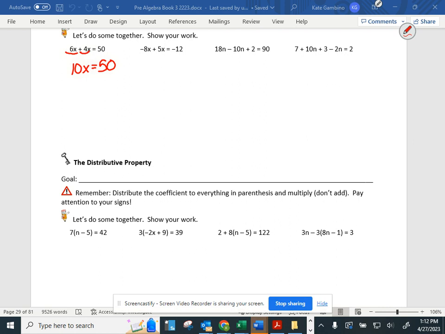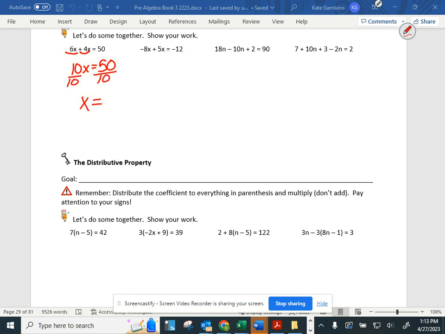Now I have to solve it. How do I solve it? I'm solving for my variable. Evelyn. We will do opposite operations, which is zero. 10x divided by 10x is 50, and then 50 divided by 10x. Careful. We're solving for x. We want to keep x on this side of the equal sign. Just divide by 10. So we were multiplying that x by 10, so we want to divide by 10.